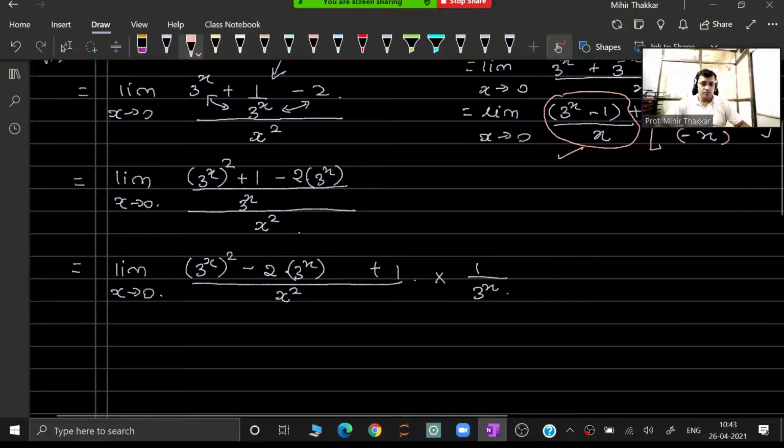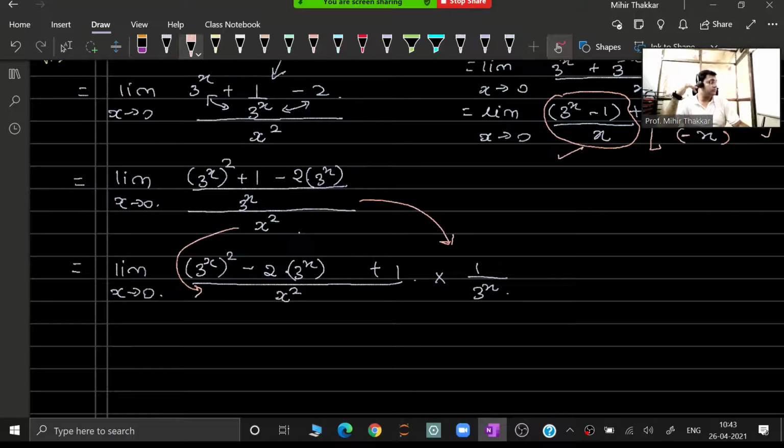What did I just do? I took this x square over here, I adjusted this, and this 3 raised to x I separated because it is in the denominator. I took it as 1 upon 3 raised to x. So this is the way I am trying to adjust my question as per my required formula.